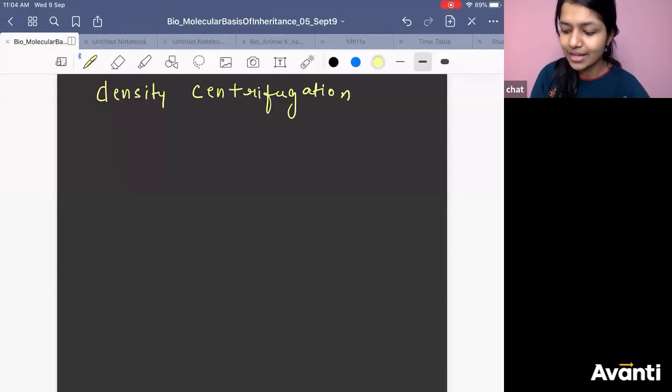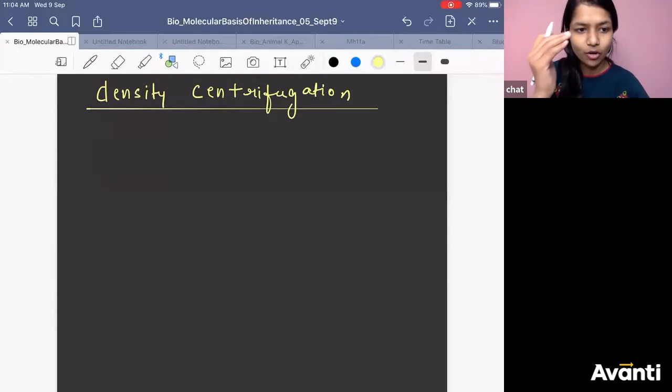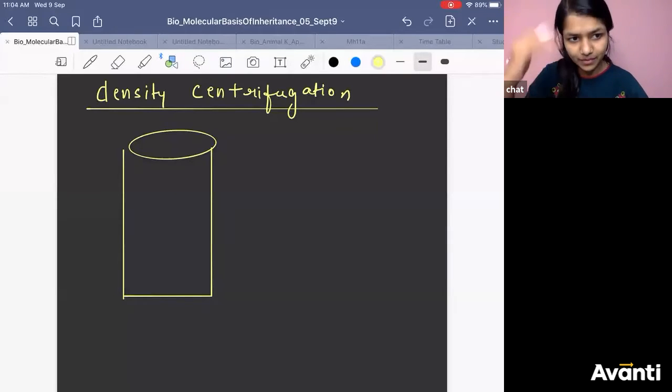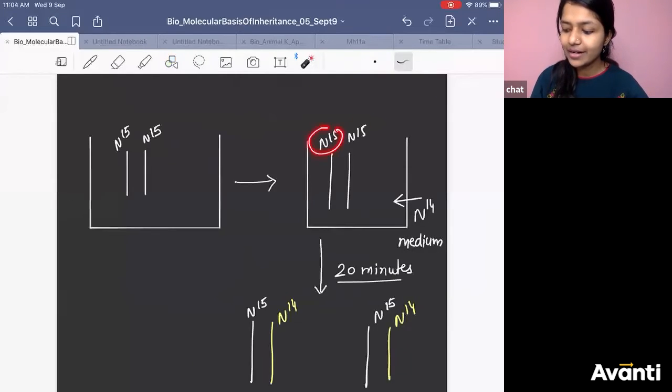Density centrifugation means according to the density, they will get aligned. जिसका ज़्यादा density होगा, where will it be? Where will you get the materials which have more density? Bottom or up? Obviously bottom, right? So they did density centrifugation because they were differing in mass number.